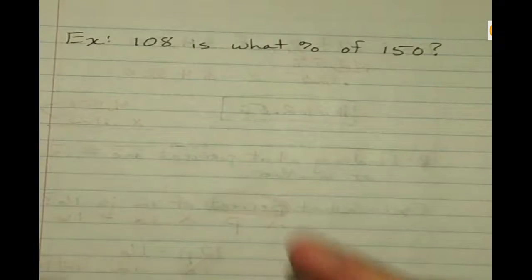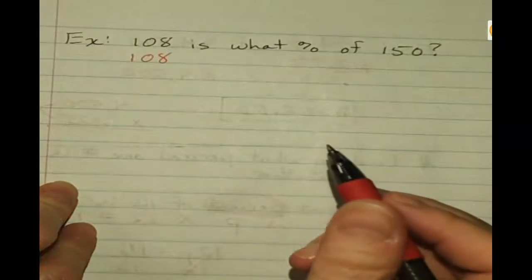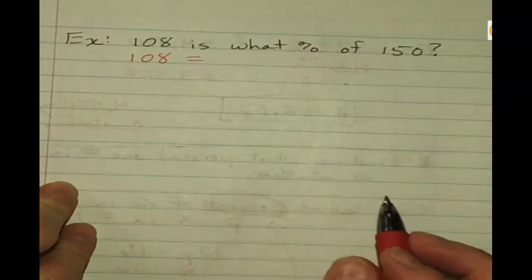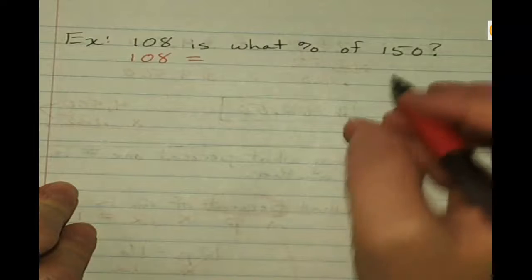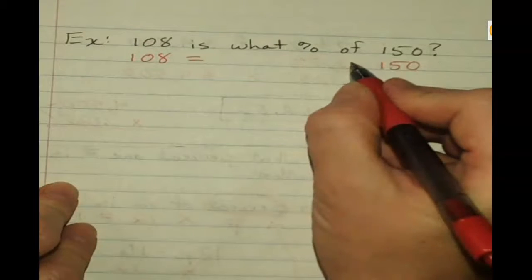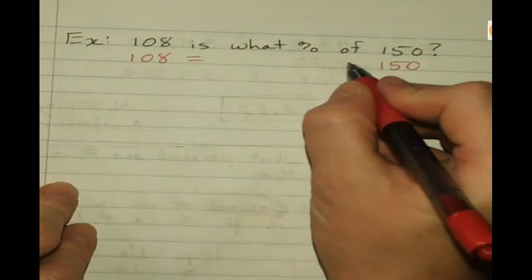So first you bring down the 108. Perfect. And is means equal, so you bring that down too. And then you bring down 150. And what is of? Of is multiplication.